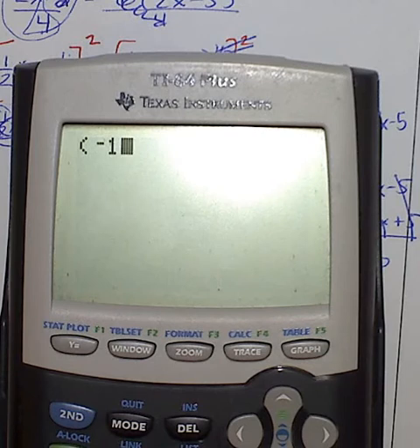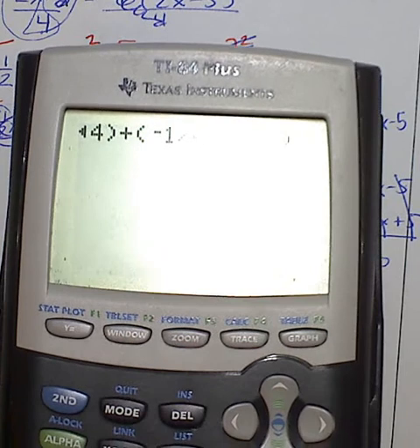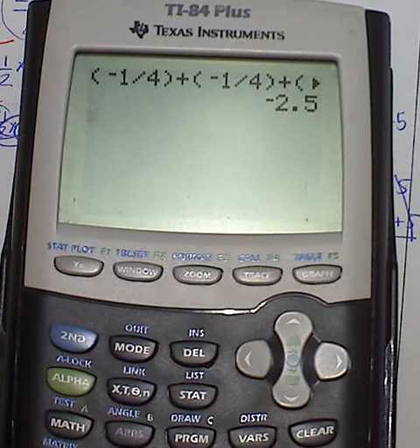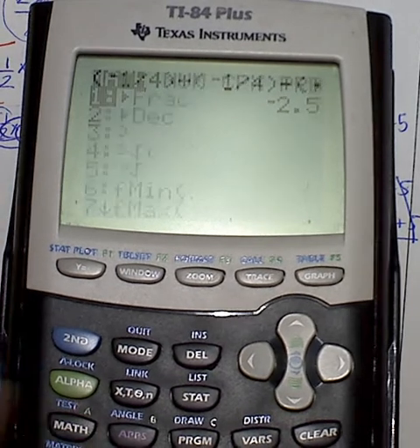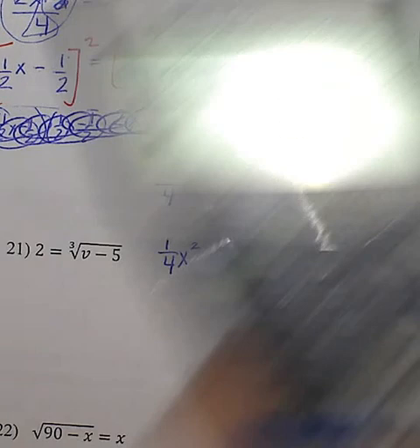I'm going to press enter, and I'm going to turn it back into the fraction, hitting math, fraction, enter, enter. -5/2. Remember, it contains an x.